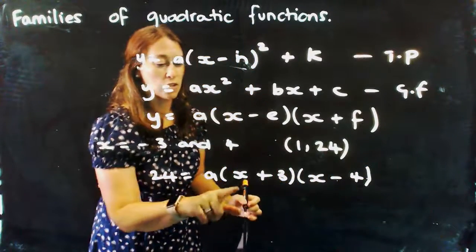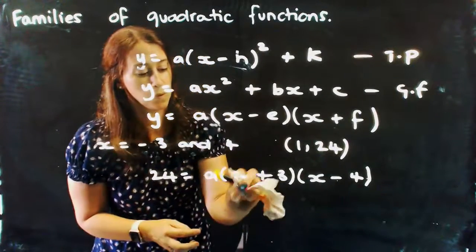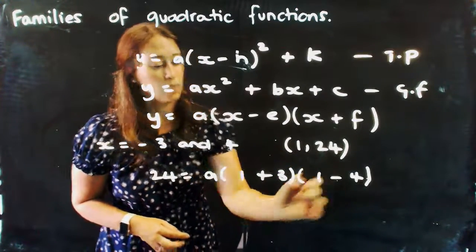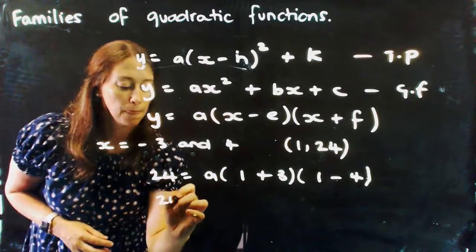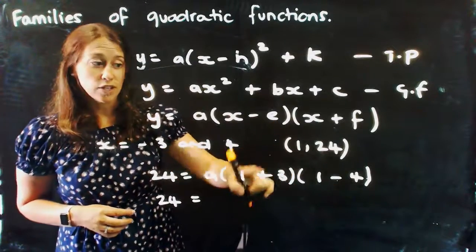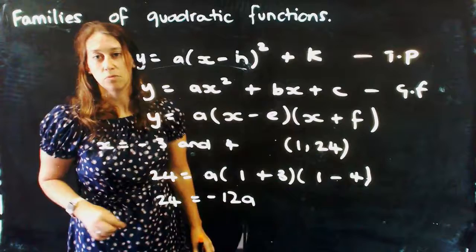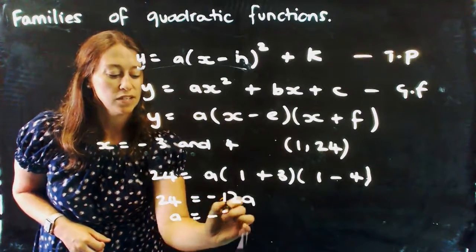I forgot to put the x in as 1, so let me substitute that. 1 plus 3 is 4, and 1 take 4 is -3. -3 times 4 is -12. So 24 equals -12a. Dividing by -12 gives me a equals -2.